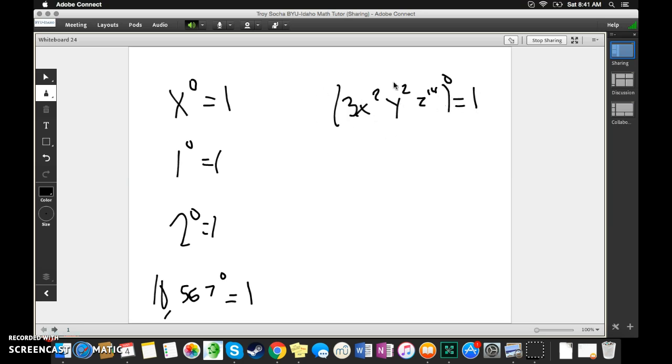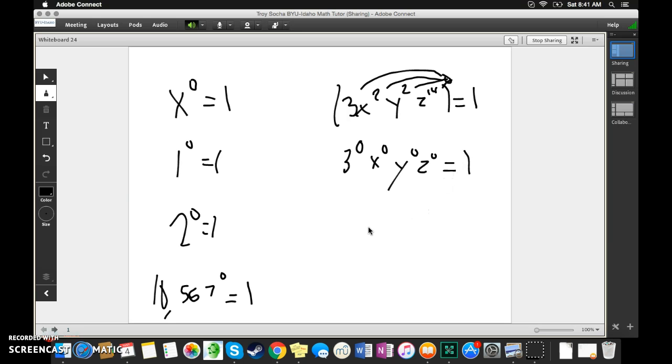Anything to the 0 equals 1. And this is because we distribute the 0 to each of these terms. So it becomes 3 to the 0, x to the 0, because we're multiplying 0 by 2, y to the 0, z to the 0, and that all equals 1.